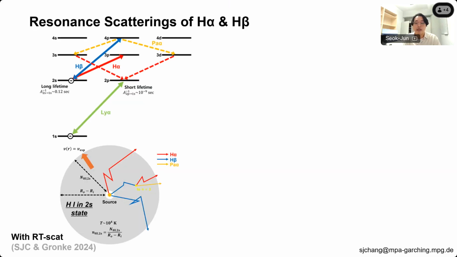To address the first question, I modeled radiative transfer for Balmer line scattering. In the left panel, you can see the energy levels of hydrogen. Usually Lyman alpha interacts with the ground state electron, but in this code I assume a 2s metastable electron in the gas, so the 2s electron interacts with H alpha and H beta. Here I assume two things.